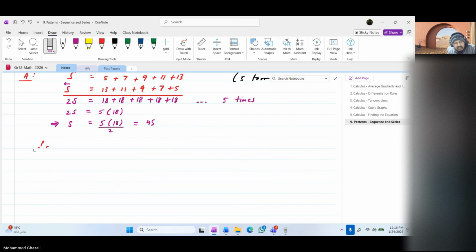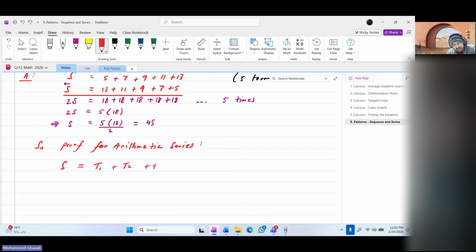Proof: Sn proof for arithmetic series. What's a series? Adding up all the numbers. So first I'm going to say the sum is equal to term 1 plus term 2 plus term 3, up to term n minus 1 plus term n.